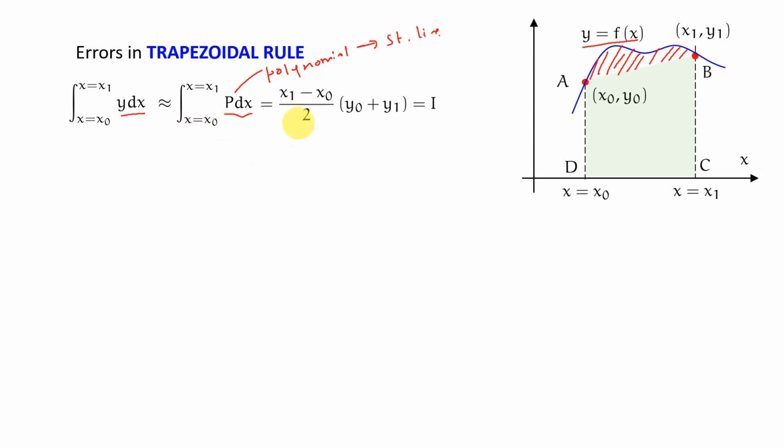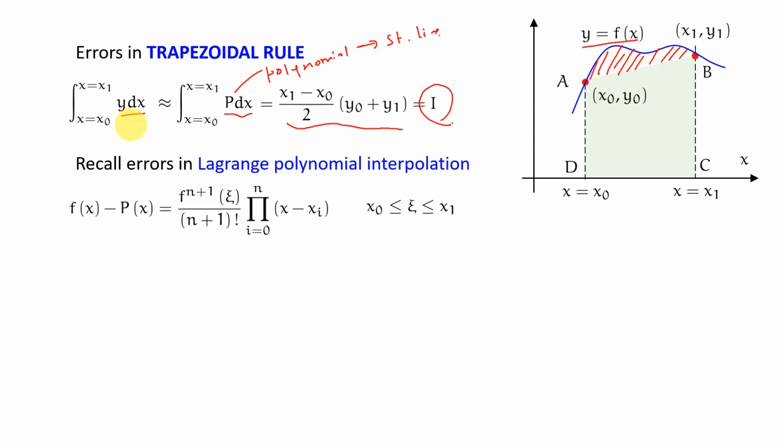And I have seen that the evaluation of this integral is (x1 minus x0) by 2 multiplied by (y0 plus y1), which will be I. This is simply a real number because this is a definite integral, and certainly from the figure we can see that it is not same as the integral of y dx, so there is an error.